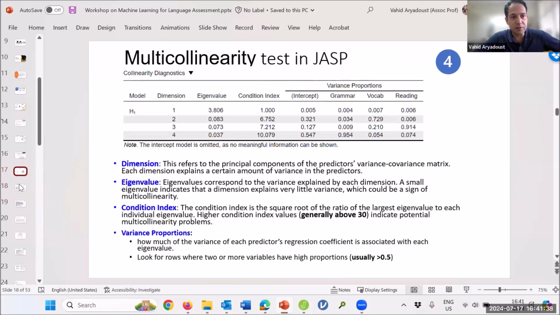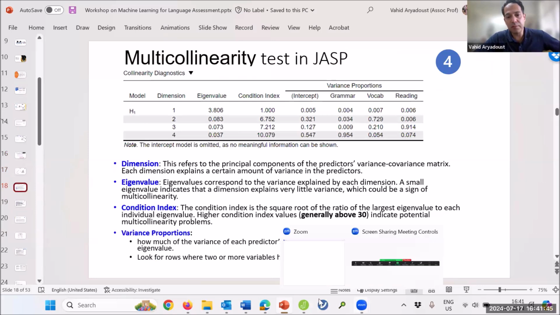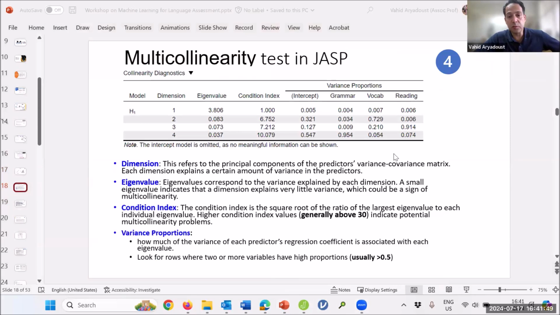I guess they're not in this slide. Sorry, they're not in this slide. But anyway, we have enough evidence now that the data is not only normally distributed, but also it meets the assumption of linearity and homoscedasticity. Now we can move on to the fourth assumption, which is multicollinearity.